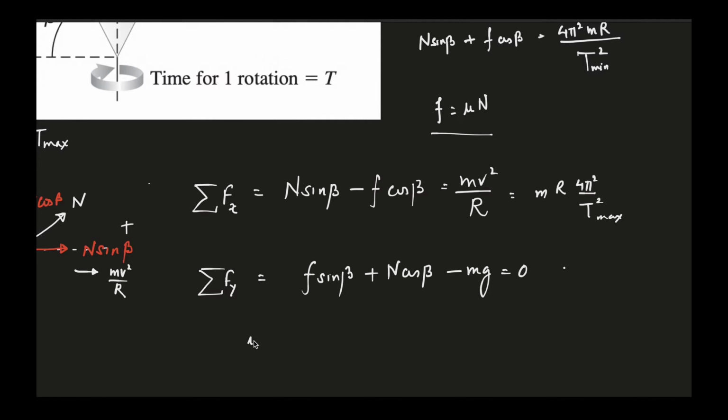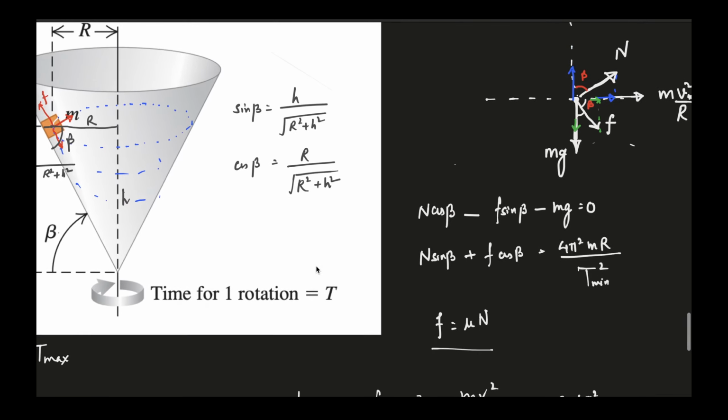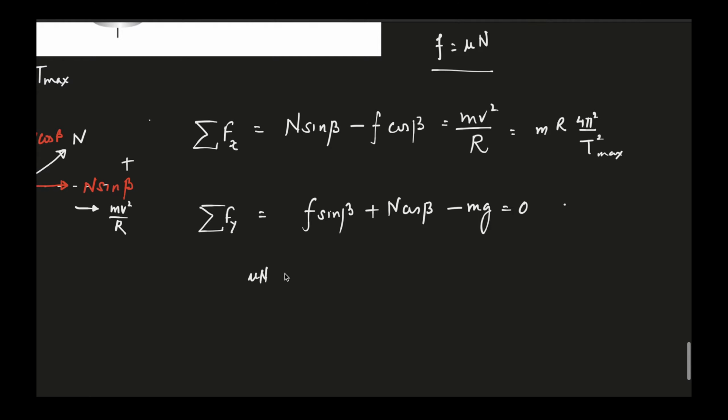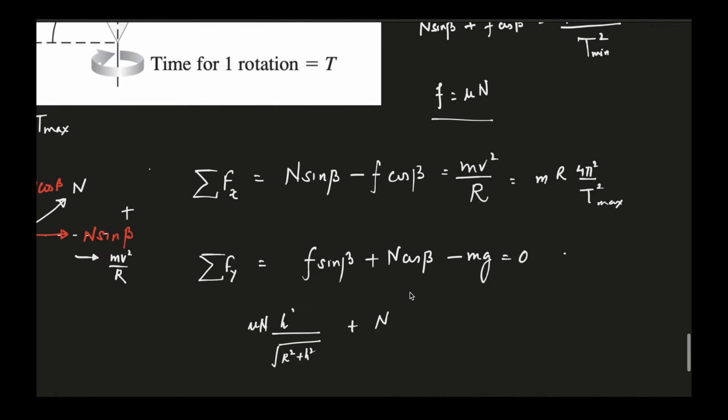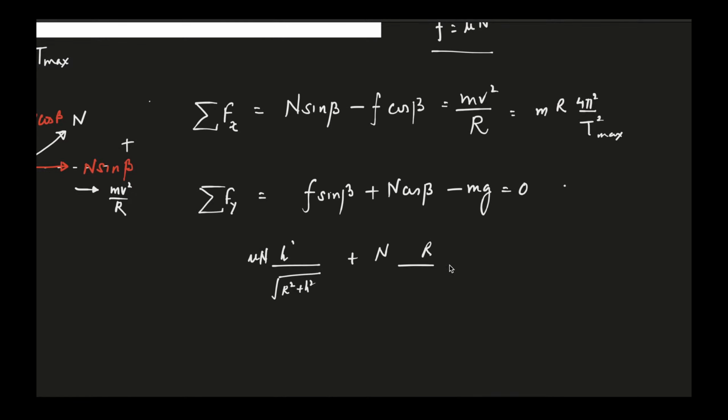So f is mu naught n in this case, and sine beta is h upon root of r square plus h square, plus n times cos beta, which is r upon root of r square plus h square, minus mg is 0.